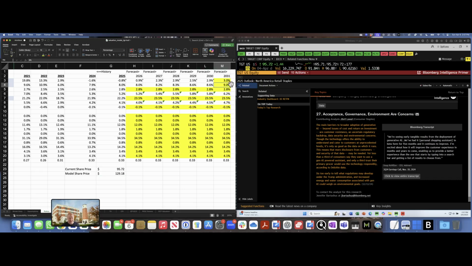I also think that margins aren't going to get too much better because of inflationary pressures in the short term, and the growth isn't going to change all that much. But tax rates might get a little bit better if they are successful in ramming through the corporate tax cuts. So that might drop to 21.5% starting this year.